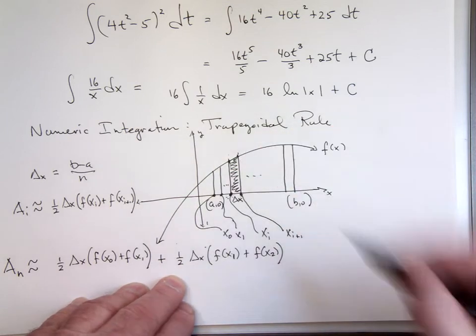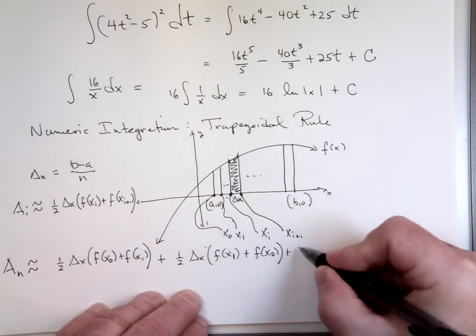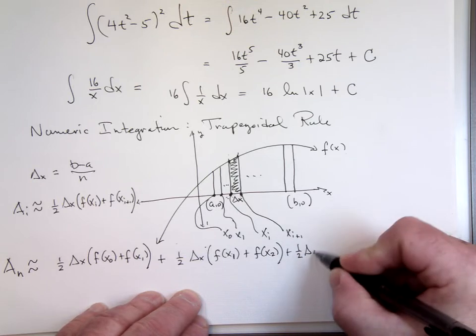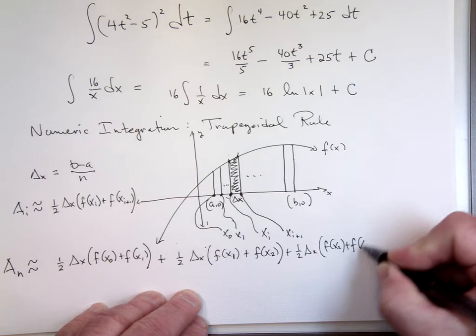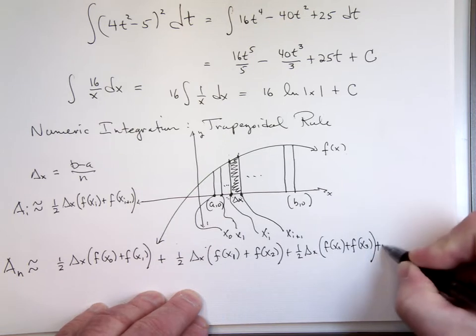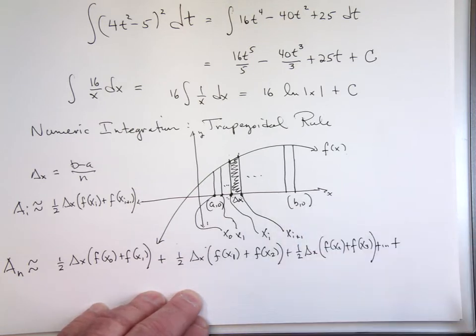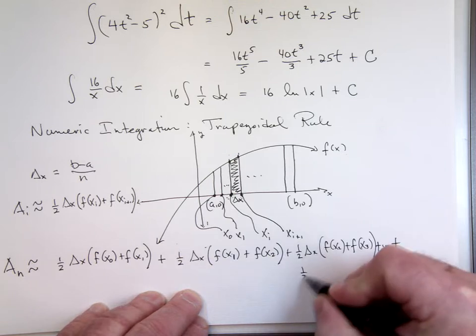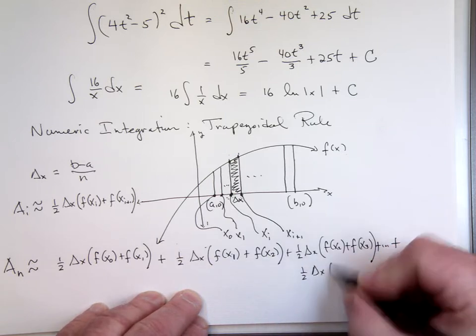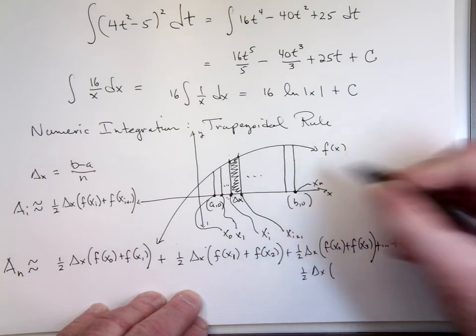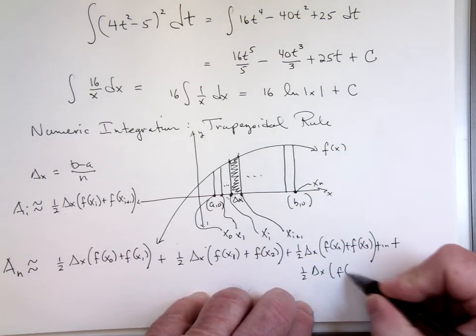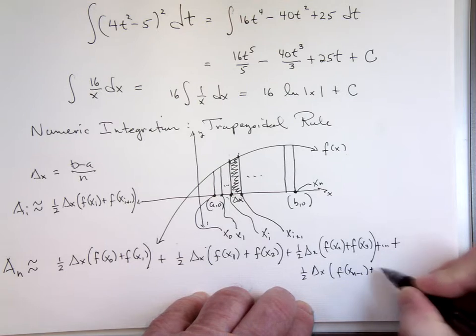And that's what I'm doing. So I'll do one more: 1/2 delta x, f of x sub 2 plus f of x sub 3. And then the last one we have is 1/2 delta x. Now, this would be x sub n right here, right? So it would be f of x sub n minus 1 plus f of x sub n.